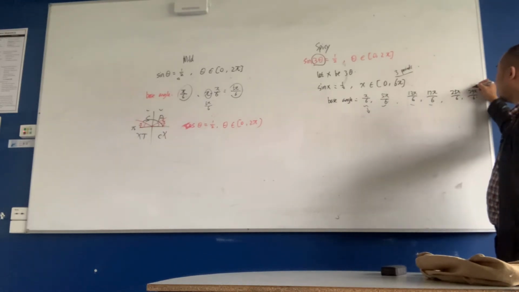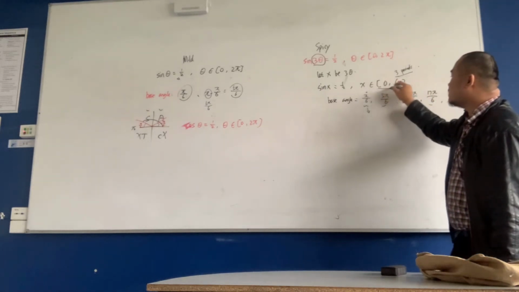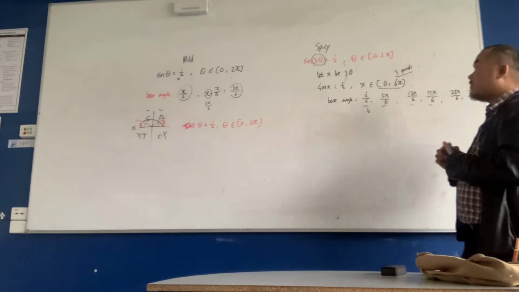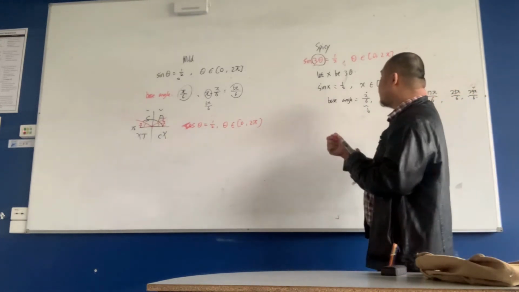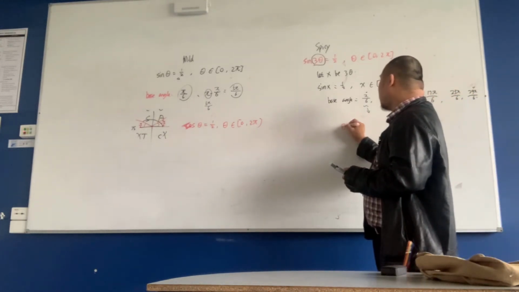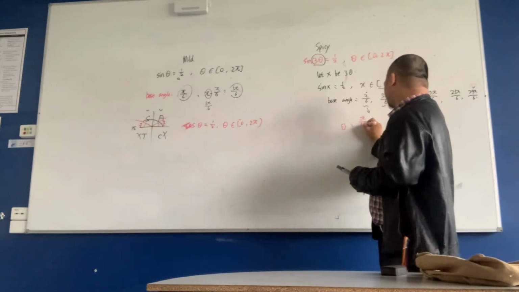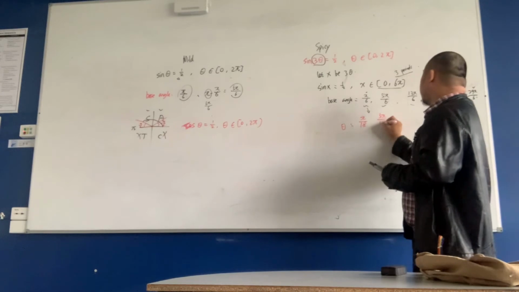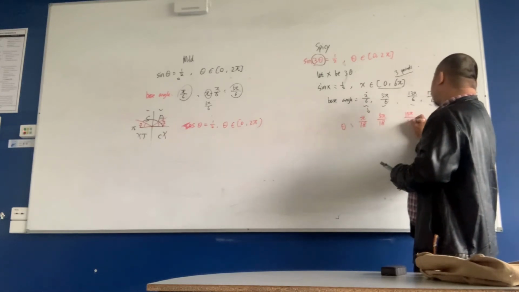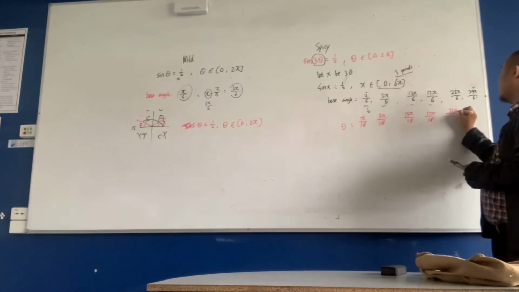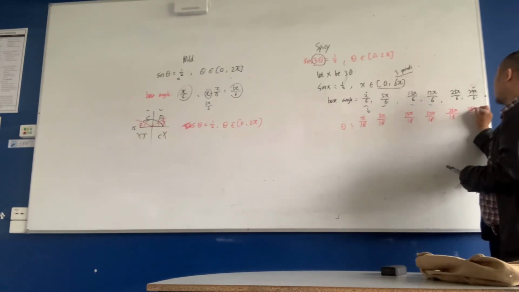And you can check whether all these solutions fit in this domain, because these are all the x values. But eventually, we are finding the theta. So the theta would be everything divided by 3. So that would be pi over 18, 5 pi over 18, 13 pi over 18, 17 pi over 18, and then 25 pi over 18, 29 pi over 18.